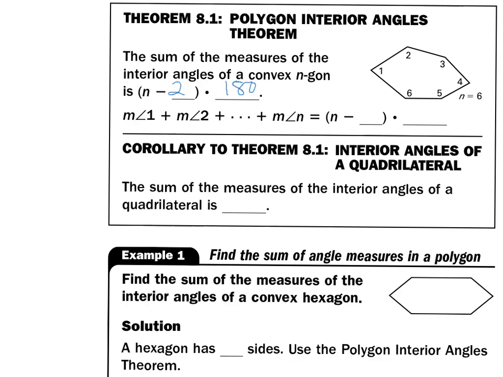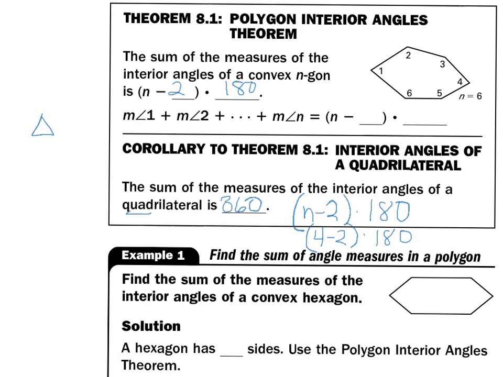So the sum of the measures of the interior angles of a quadrilateral, if you have 4 sides, what do you have? N minus 2 times 180. So that's 4 minus 2 times 180, 2 times 180, so 360.